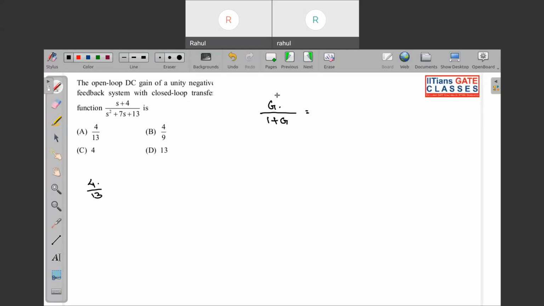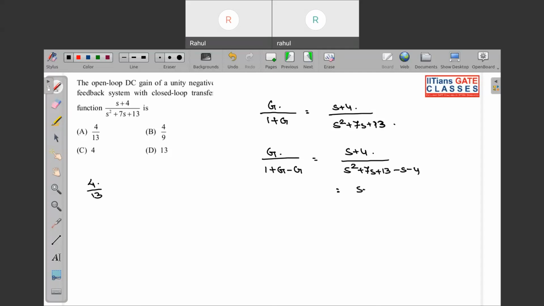So first we need to calculate the open loop transfer function. Again, the same thing. So this will be (s plus 4) divided by (s square plus 7s plus 13 minus s minus 4).